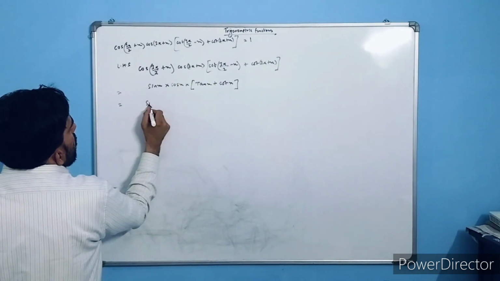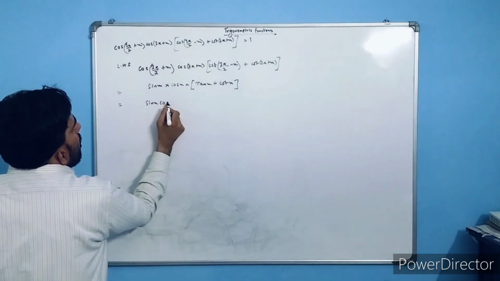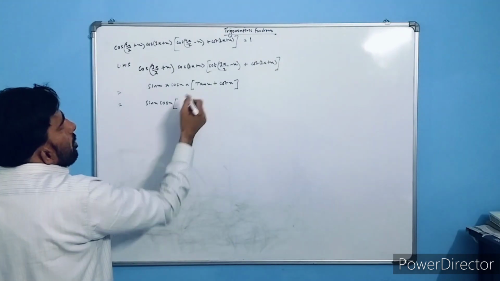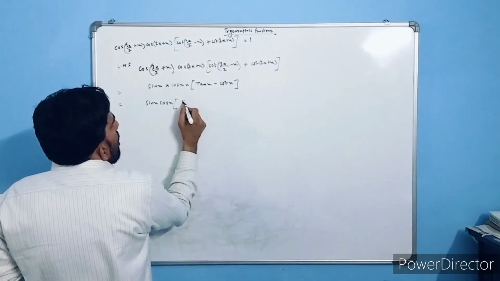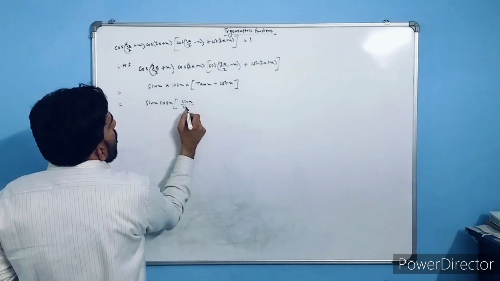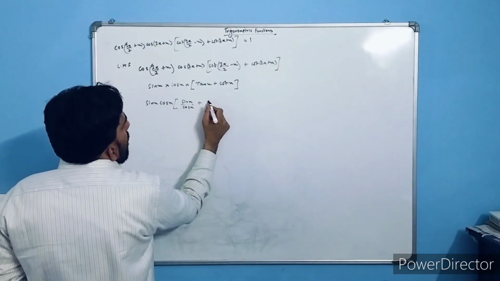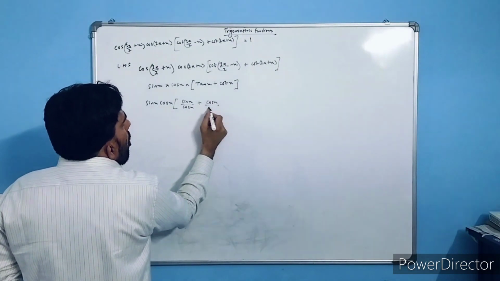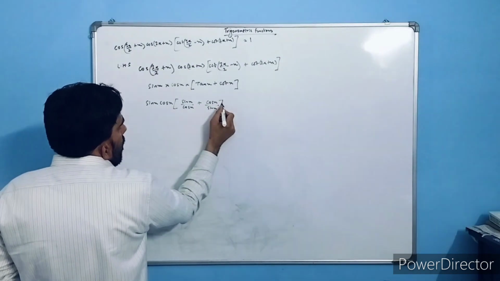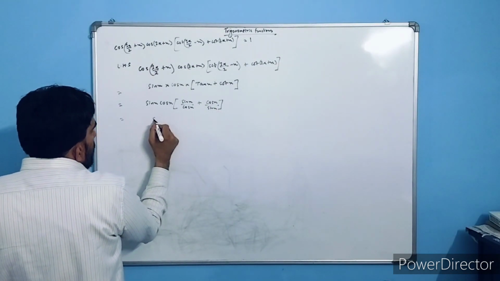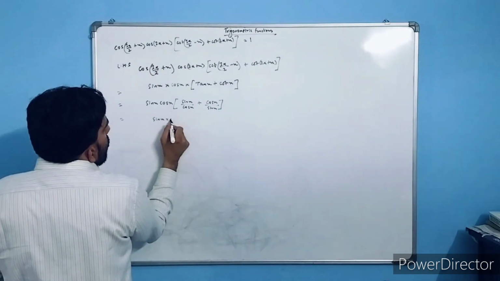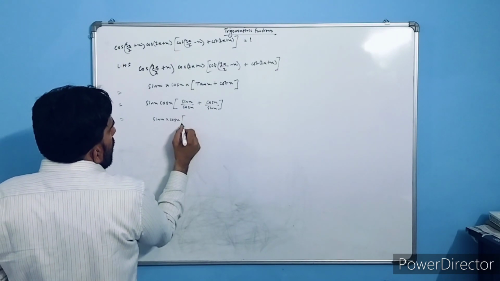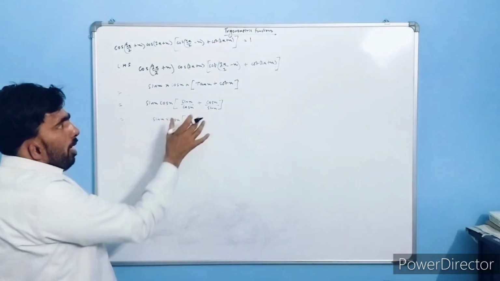Now we need to sort it out further. So now I can write tan, that is sin x upon cos x, plus cot we can write cos x upon sin x. Okay, so now sin x into cos x. Here what we will do, we will take the LCM.